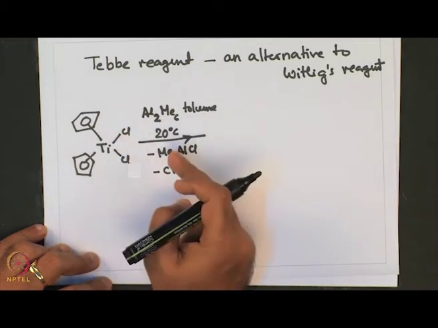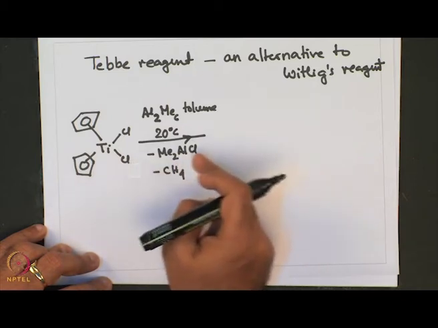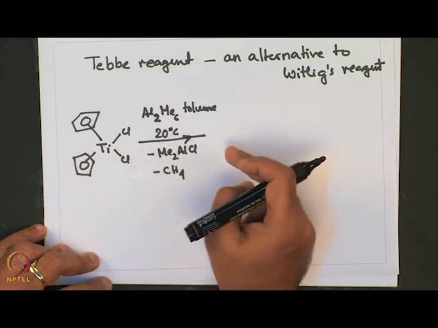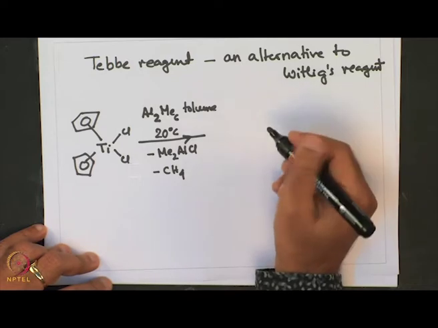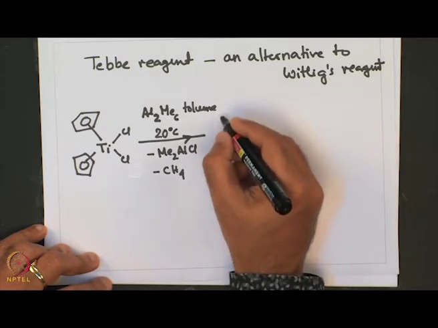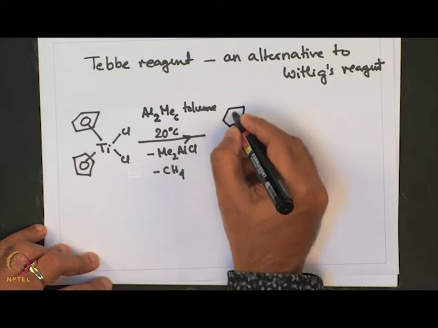From that, one molecule of Me2AlCl is eliminated, resulting in the formation of this particular reagent, which is called Tebbe reagent.